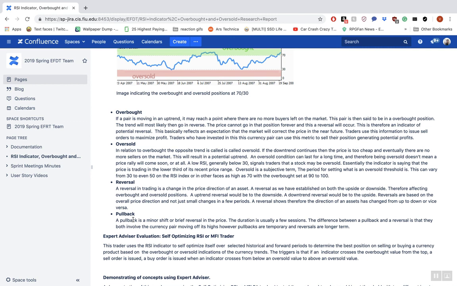For example, let's say we're in the downtrend and it hits a minor shift towards uptrend, but overall it shifts back towards the downtrend. Then it is still said to be in a downtrend overall, since the price of the currency or product has not changed to an uptrend, a full reversal, if you may.